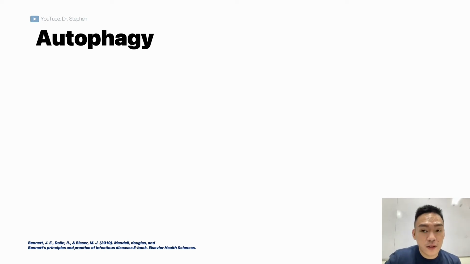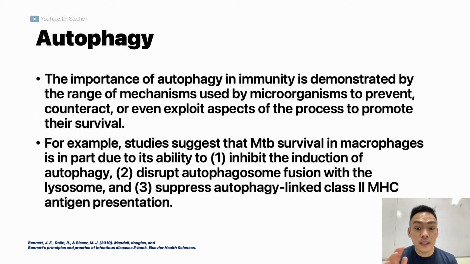The importance of autophagy in immunity is demonstrated by a range of mechanisms used by microorganisms to prevent, counteract, or even exploit aspects of the process to promote their survival.